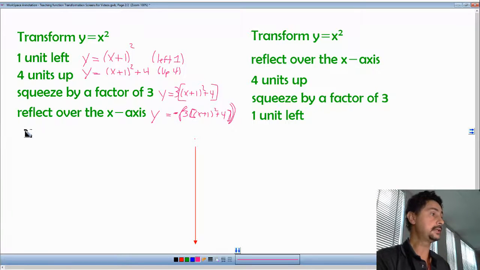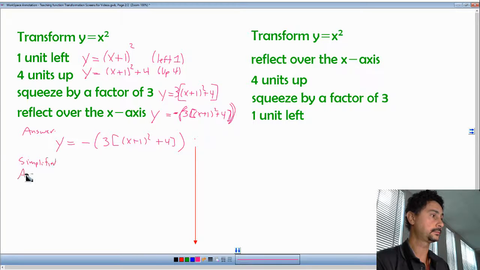All right? And then there's something called the answer, which is y equals negative 3 this. And then there's the simplified answer, which is this. And it needs to be more simplified, which ends up being this.